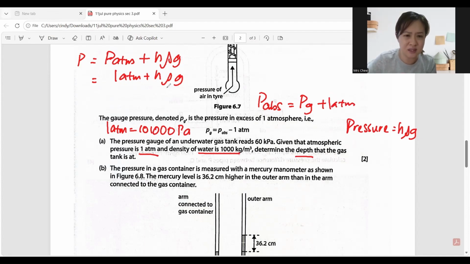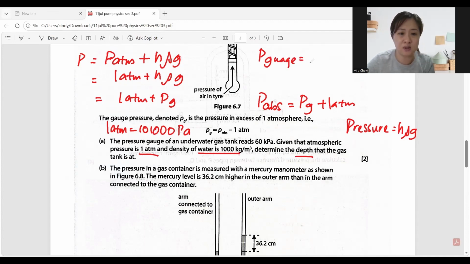So this equals 1 atm plus the pressure of the gauge. You can say that the pressure of the gauge equals H rho G, because these two are the same.